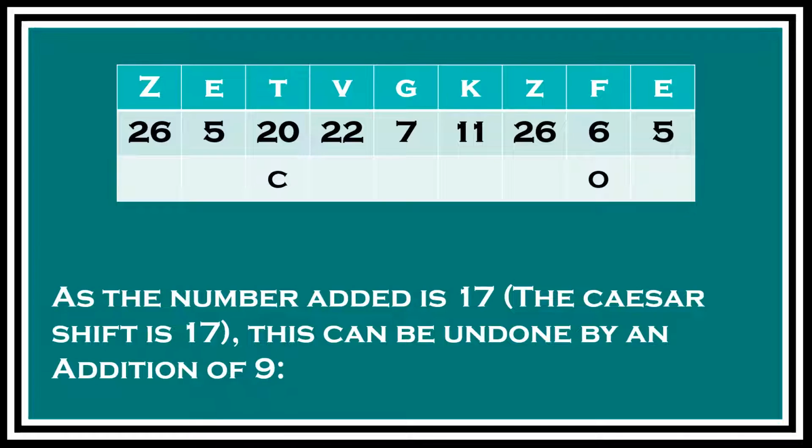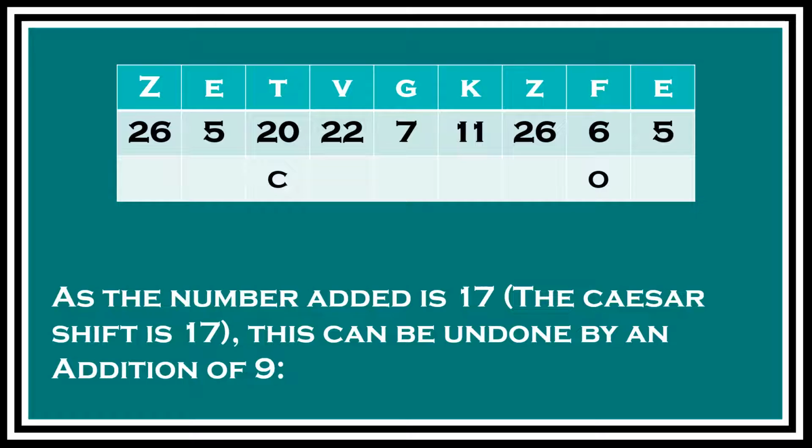Now, the number added is 17. We've already worked out from the previous two slides that the Caesar shift is 17, and that Caesar shift used when encoding the message can be undone by a further Caesar shift of 26 minus 17, which is 9.